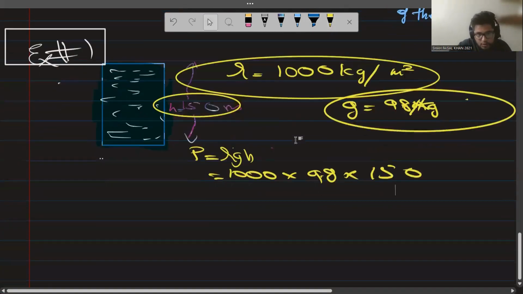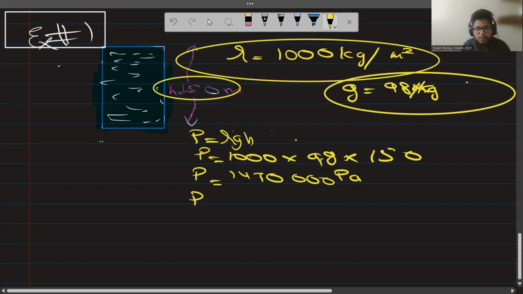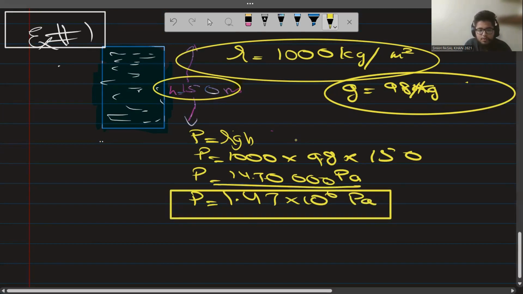So after calculating these values, we'll find an answer which is 147,000 pascals. But we don't have to leave it in this form. We have to first make it in the standard form, which will be 1.47 times 10 to the power of 6 pascals. So this is in the standard form, and we are done with this first exercise.